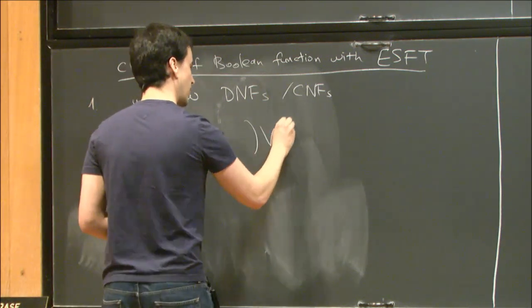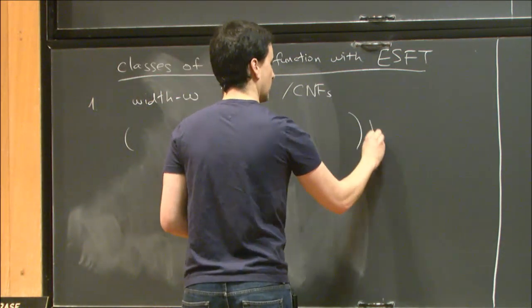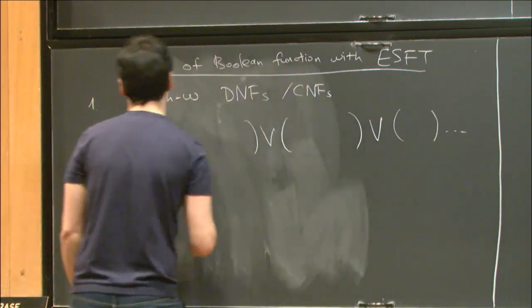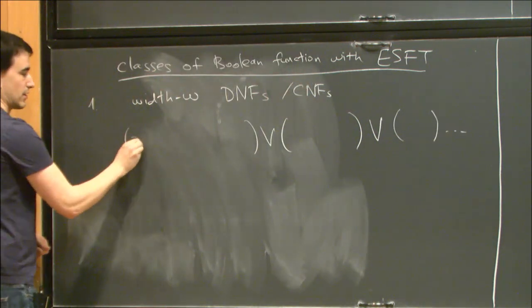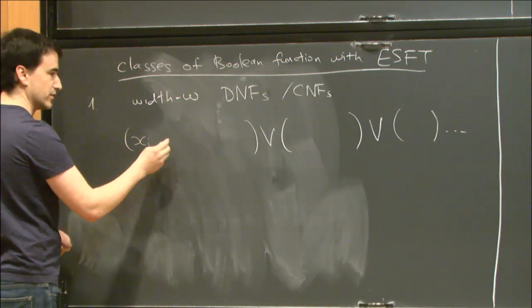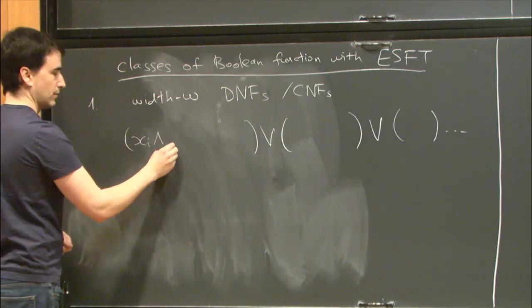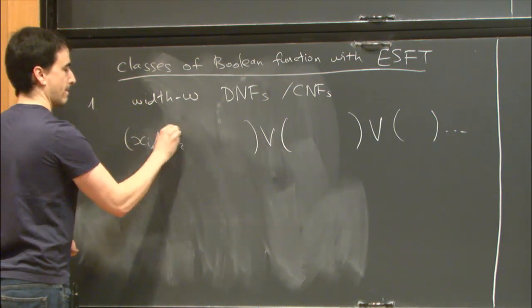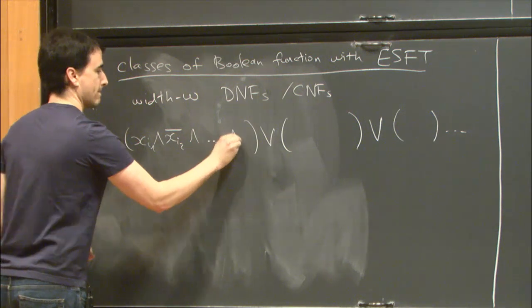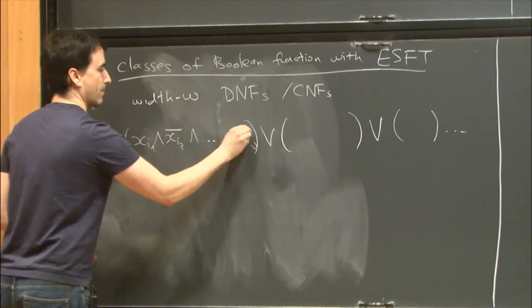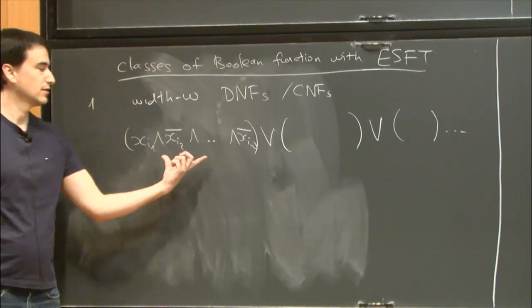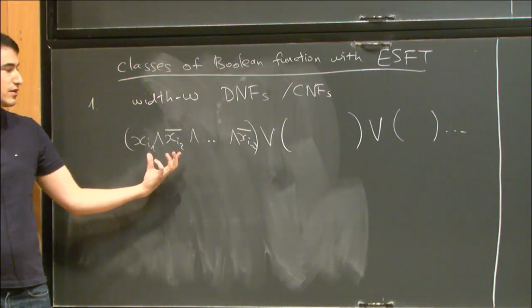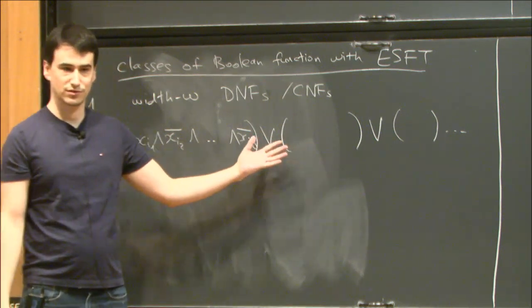It is something that you can write as an OR of ANDs, where you have some Boolean variables or their negations. And so you have these terms. Each term has at most w variables or negations, and you have as many terms as you want.